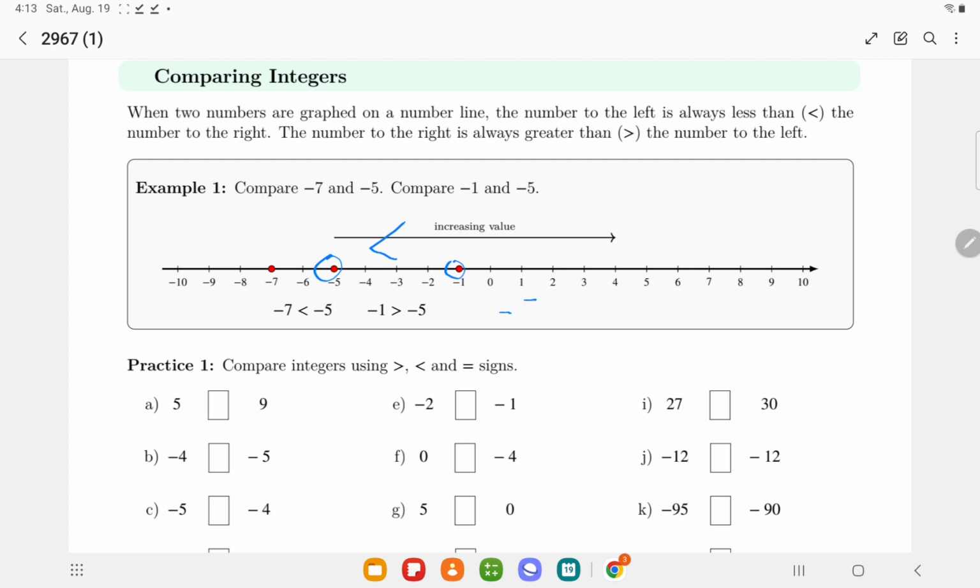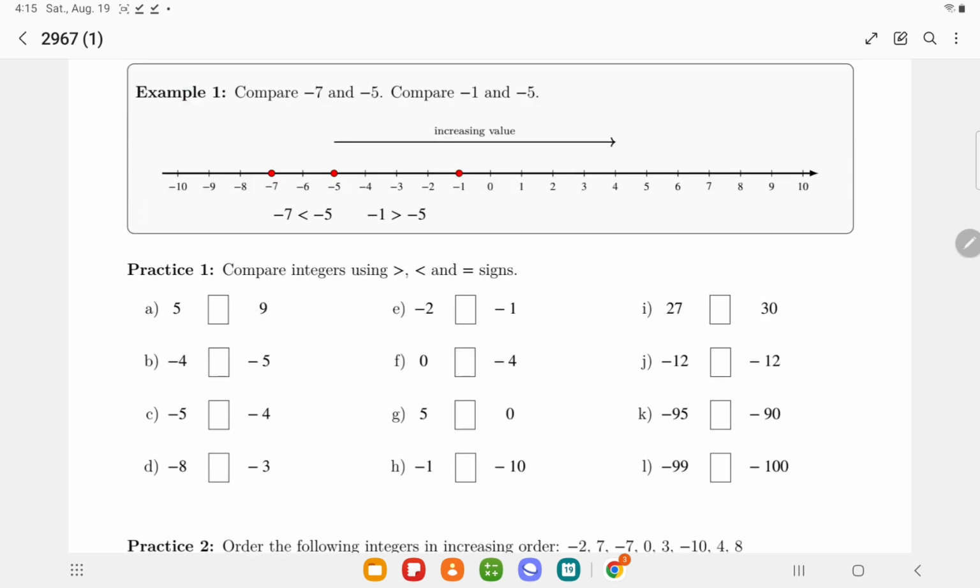Therefore, -5 is less than -1, or -1 is greater than -5. When comparing integers, we always write the smaller number on this side and the larger number on this side.